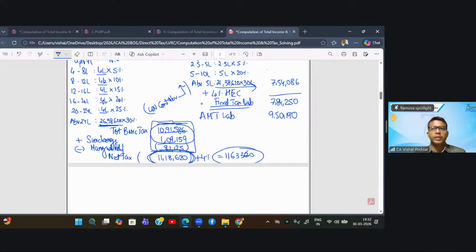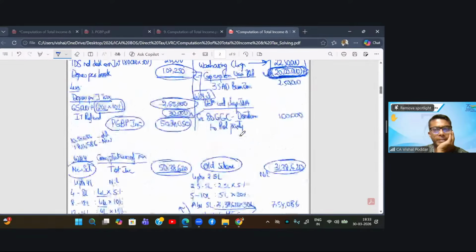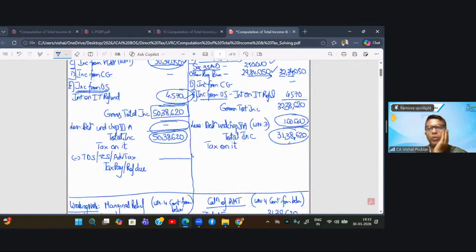Now, firstly, in the old scheme, out of both these, whichever is higher, so your final tax liability under the old scheme is 950,190. Correct? So if I come over here, it is 950,190, in brackets under 115JB AMT provisions. Correct?